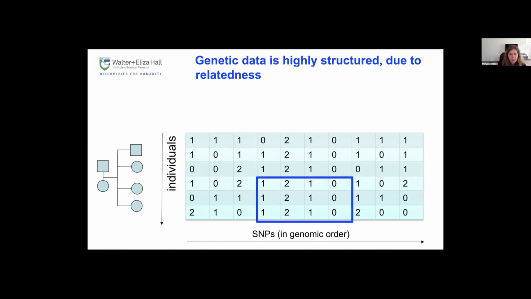My first point is that genetic data, this matrix of data, has a lot of structure in it, and that's due to various facets to do with the genetics and the origin of the data. First of all, because these individuals are related, the rows are not independent of each other. If we look at the fragment of data here from these 3 individuals, they're three of the 4 siblings.